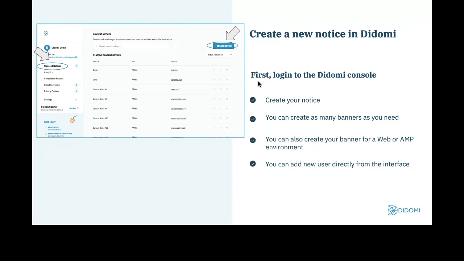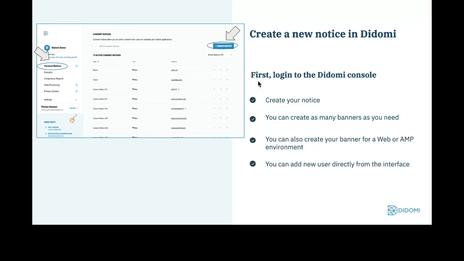When you are a Didomi customer, you have access to the Didomi interface, which allows you to create your consent notice directly in the platform. So you can create as many banners as you need. You can also create your banner for web or AMP format or environment. And if you need help, you can also add your teammate directly from our interface.